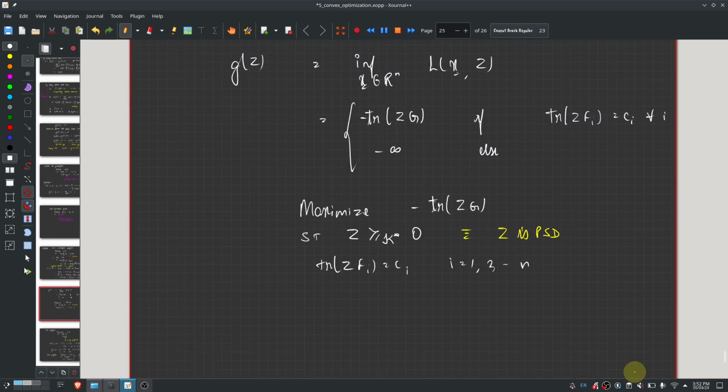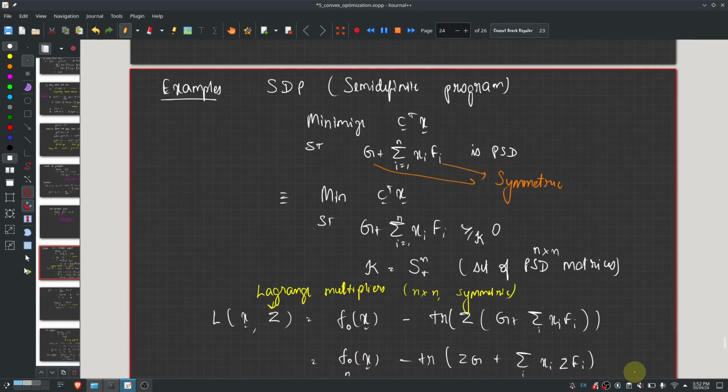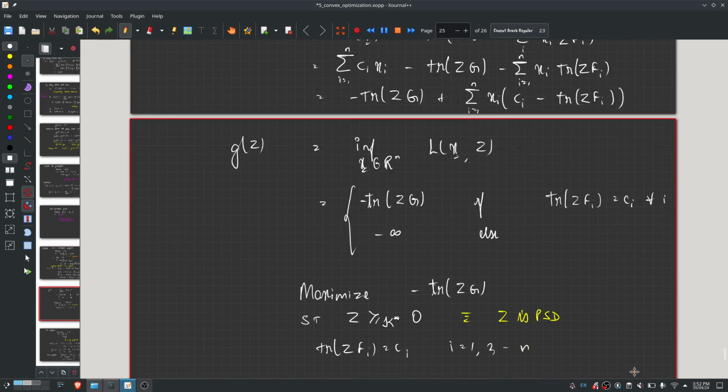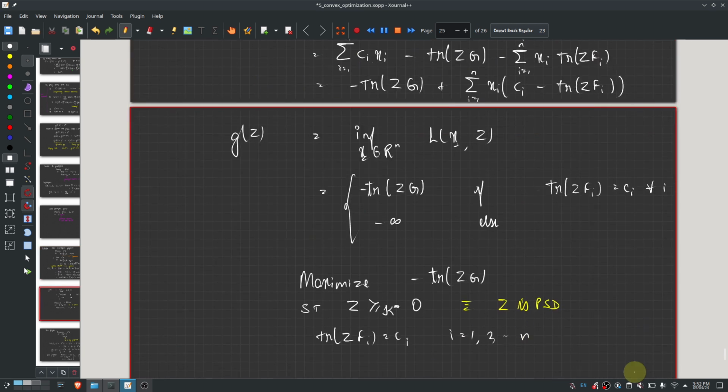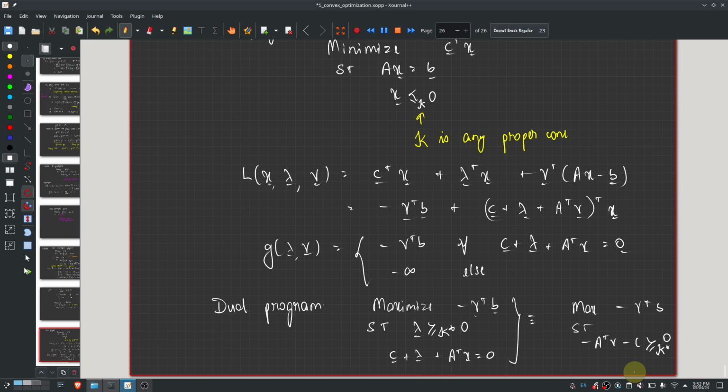Now, there's also another reason why these sort of classes are different. Suppose you want to solve a semi-definite program, you find the dual, you see that it ends up being another semi-definite program. You take a conic program, you want to solve it numerically, you find the dual, that also ends up being another conic program, because you have the constraint that minus A transpose nu minus C is greater than or equal to 0, now with respect to a different cone, with respect to the dual cone, right?